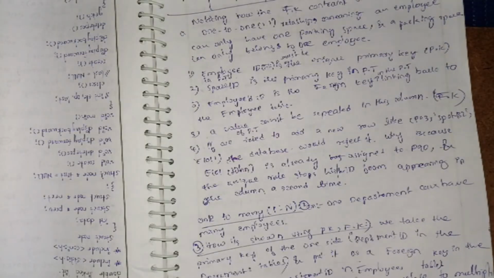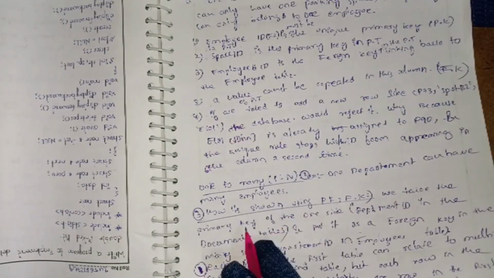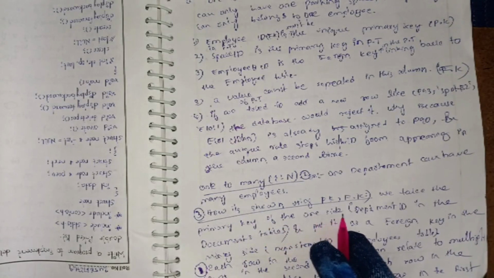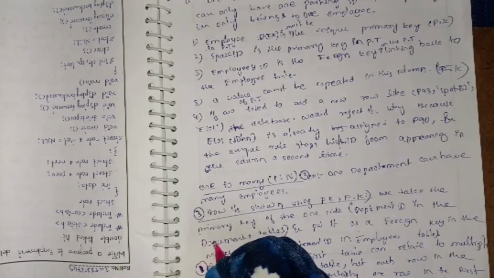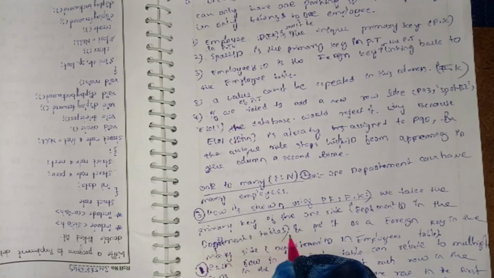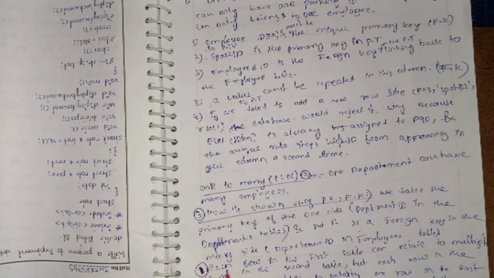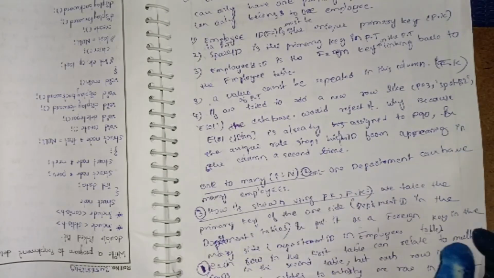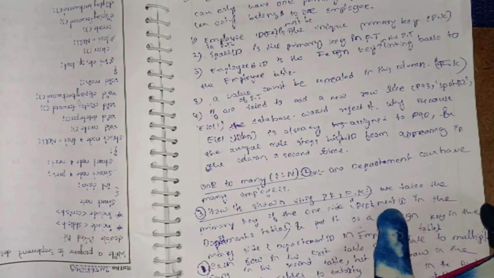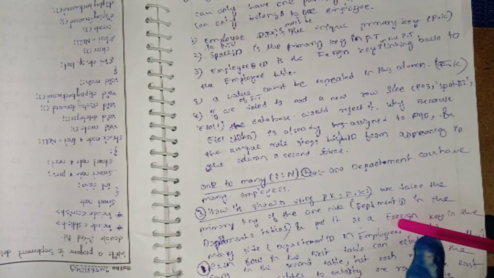In the one to many we take the primary key of the one side, department ID in the department table, and put it as a foreign key in the many side, department ID in the employees table.